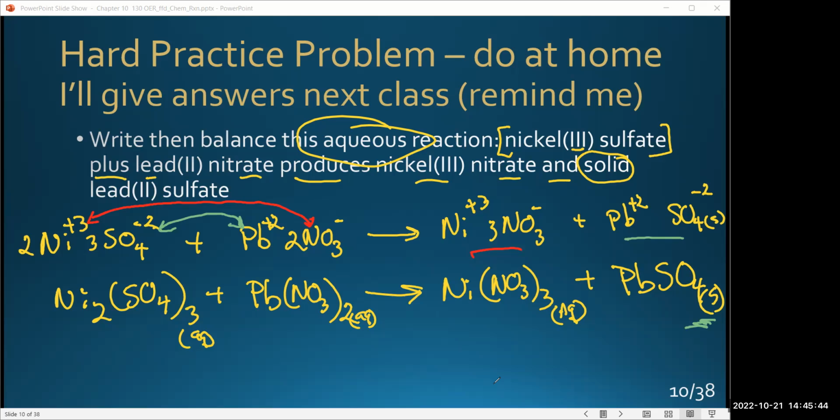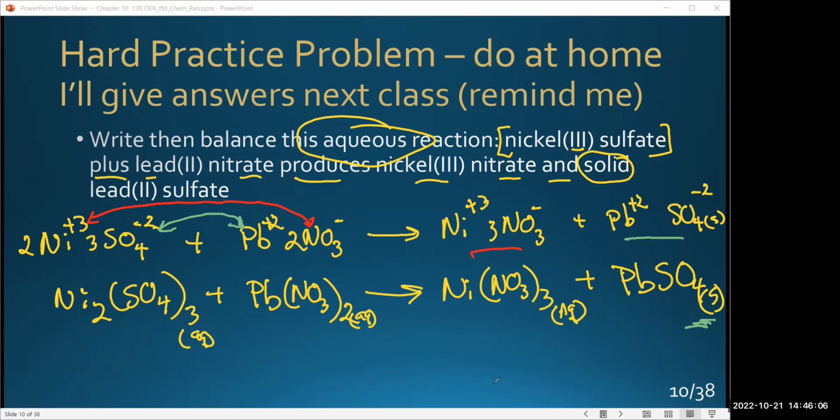Now, balancing these types of reactions, you might look at it on the surface and say, oh my goodness, there's so much here to keep track of. But keep in mind, the parentheses are the polyatomic ions. Don't try to count every nitrogen and every oxygen. Trust me.